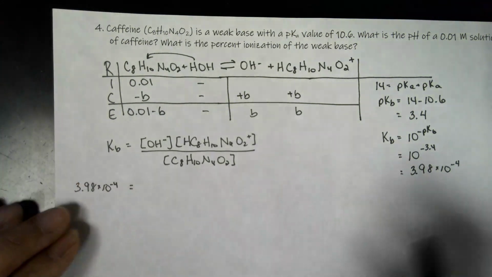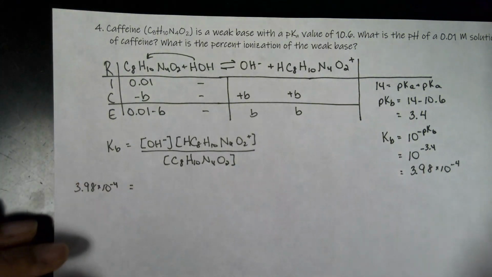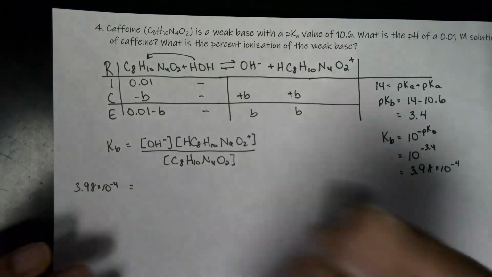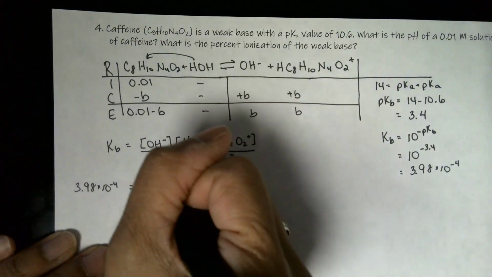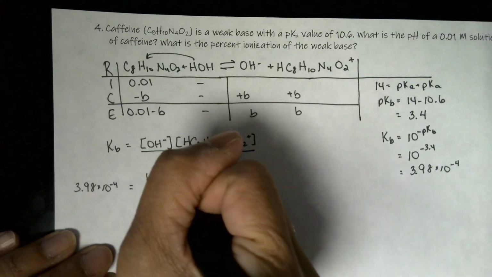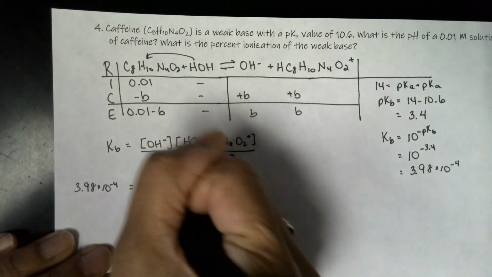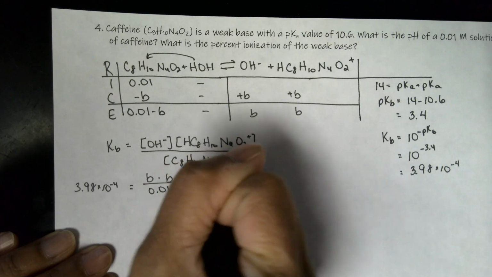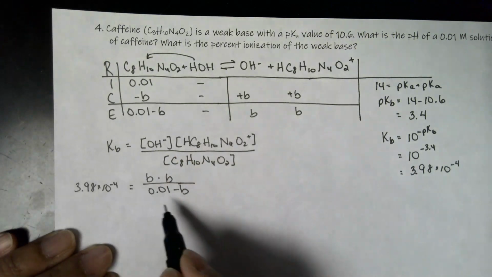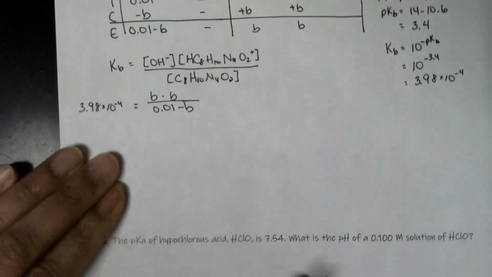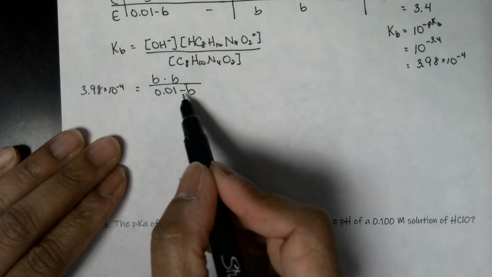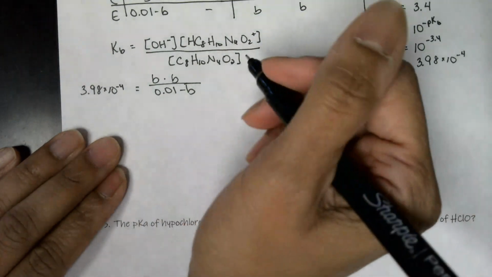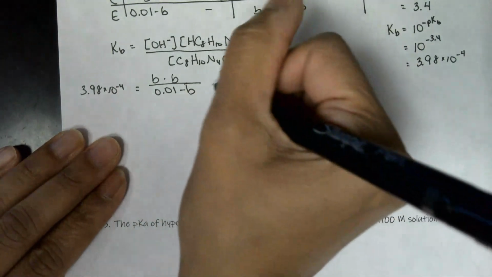By the way, ideally we'd be pausing right here, solving the rest of this, and then checking in with me at the end. So I have my B times my B over 0.01 minus B. If I were to multiply and distribute with that 0.01 minus B, I would have to use the quadratic equation to get rid of x.